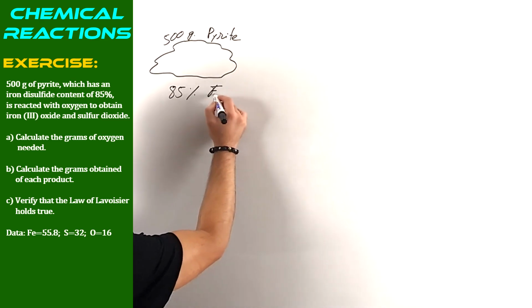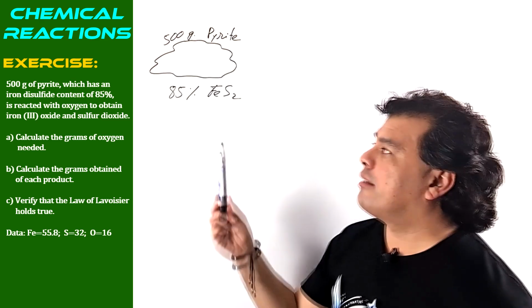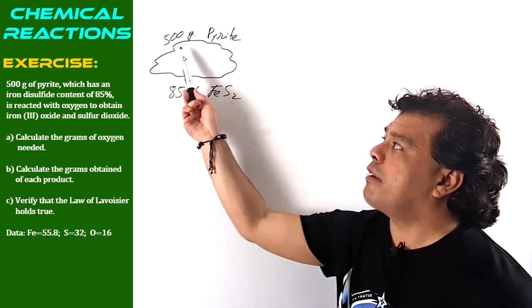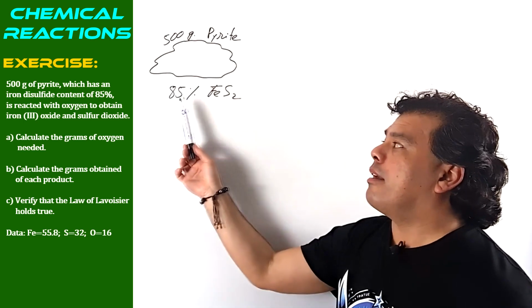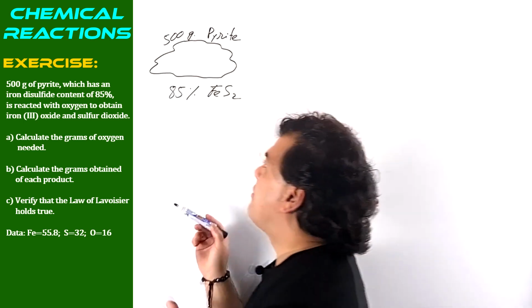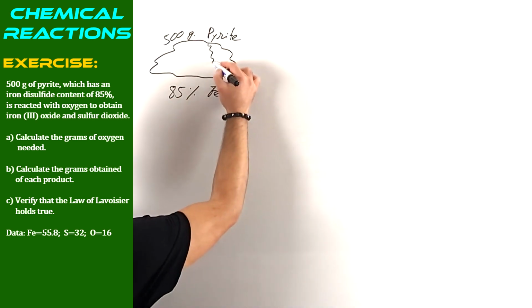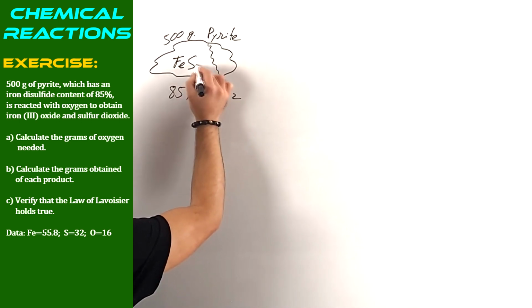What does it mean? It means that this mineral, this 500 grams of pyrite, is not made all by iron disulfide, only the 85%. Here you have it. The 85% is truly iron disulfide.